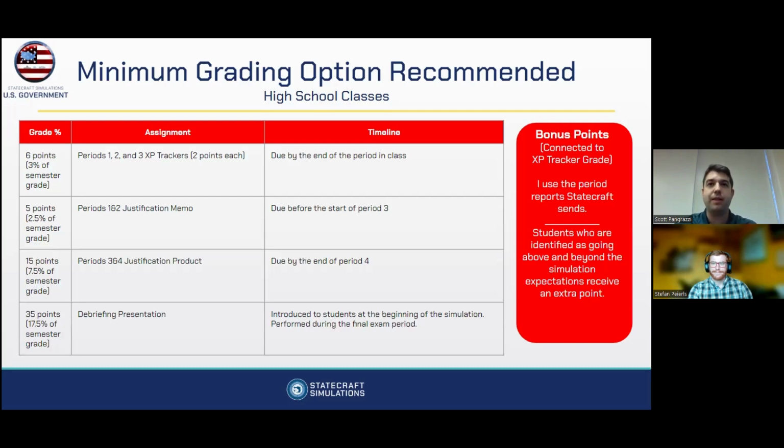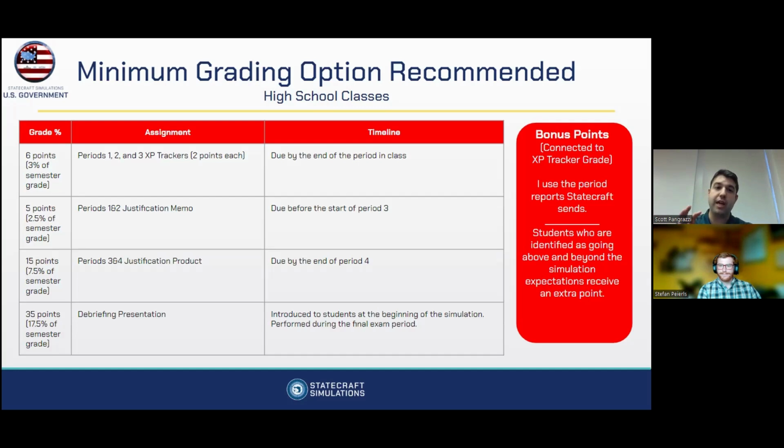One day that student said to me, I wish I could write my own bill and introduce that. And I was like, well, okay, that's not necessarily something you can do in the US Gov simulation. But it is something that could showcase that you're thinking about ways in which you would find improvement, right? If you found yourself in this scenario. And so that led to the creation of this justification product, where you have the ability to actually create something and publicize it.